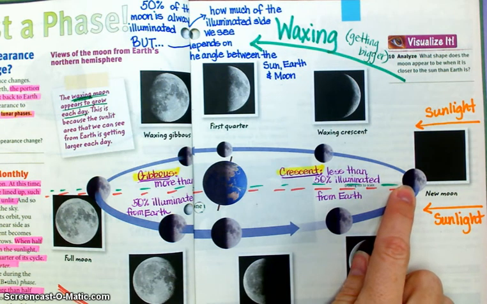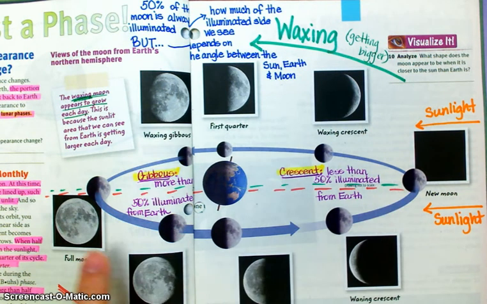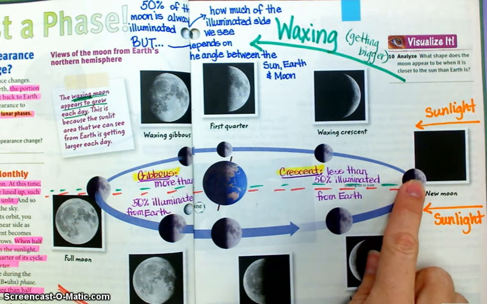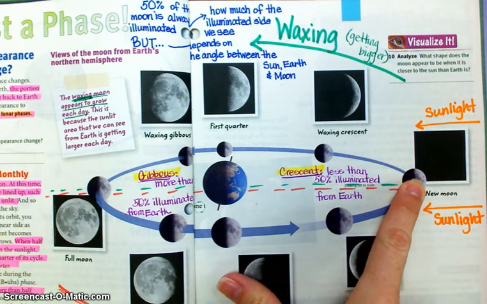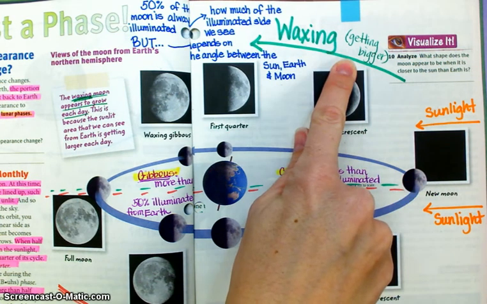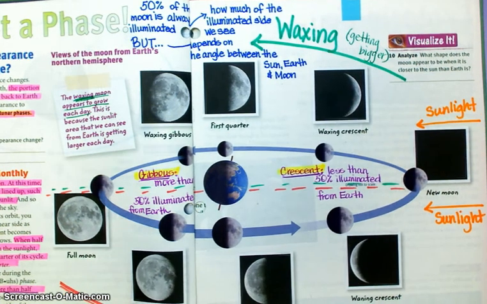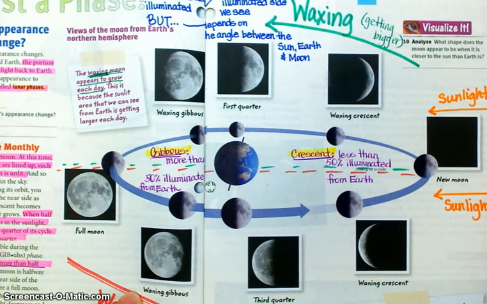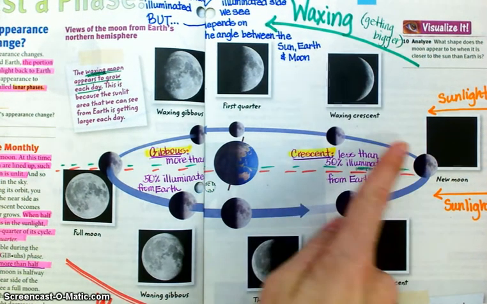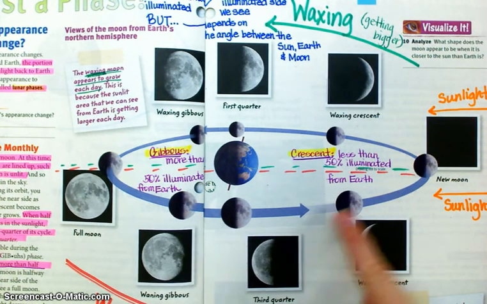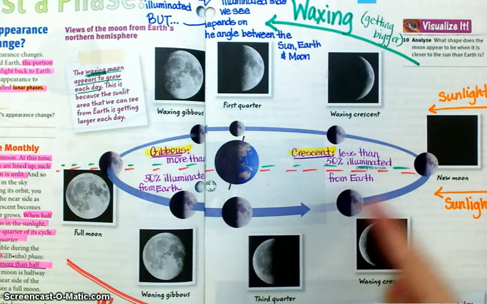And then you typically go counterclockwise around. So new moon. Remember, you have to get bigger before you can get smaller. Okay. So you have to wax first before you can wane. You have to get bigger before you can get smaller.